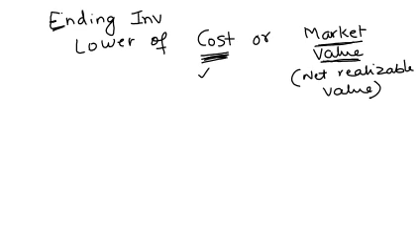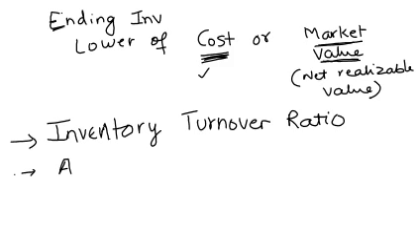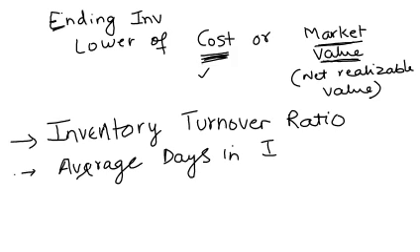And finally, there are some ratios that one has to remember for this chapter, and they are inventory turnover ratio, average days in inventory, and gross profit ratio.